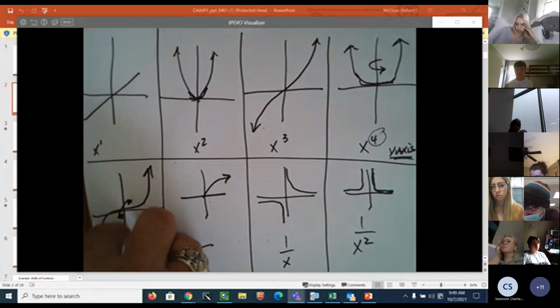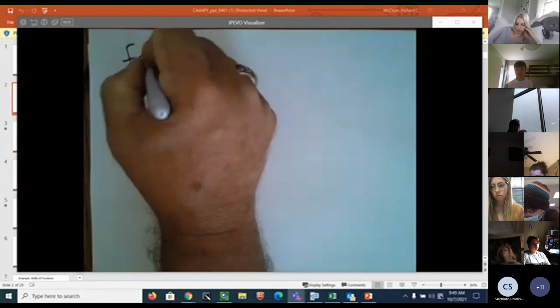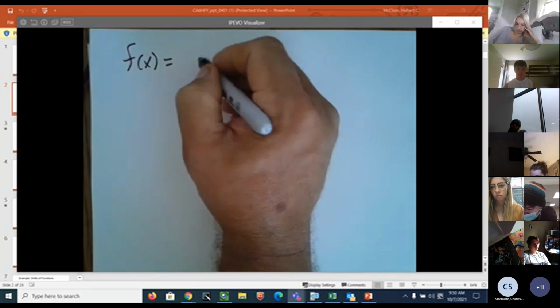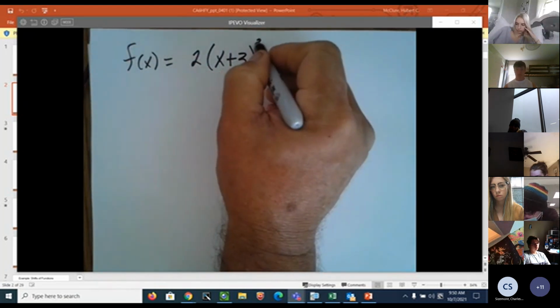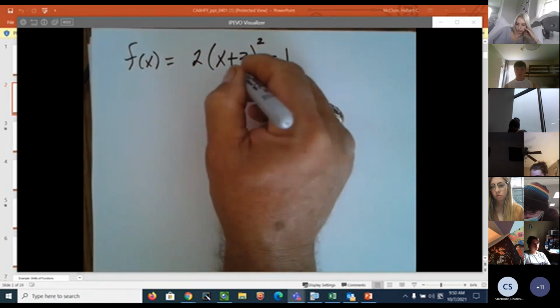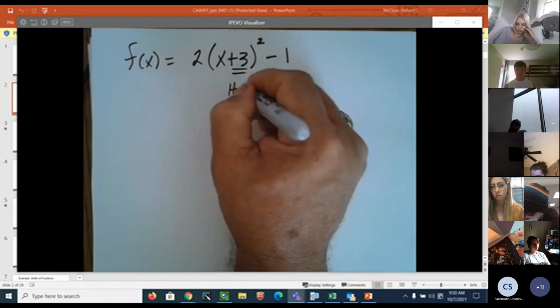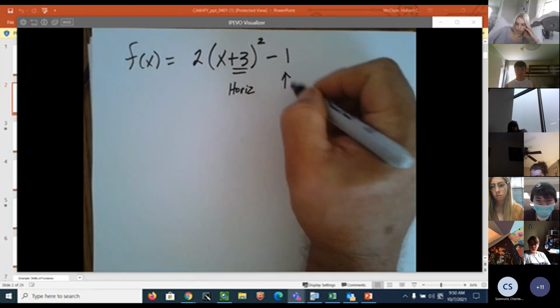So if I give you f of x is equal to 2 times x plus 3 quantity squared minus 1, then you know this is the horizontal shift. This is your vertical shift.